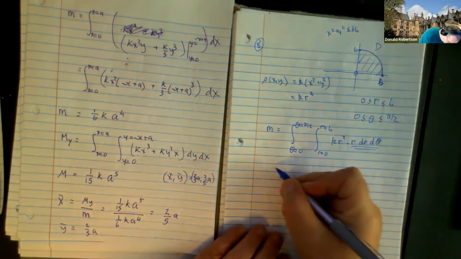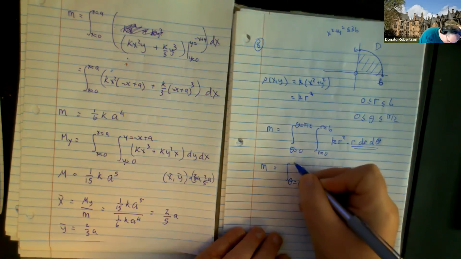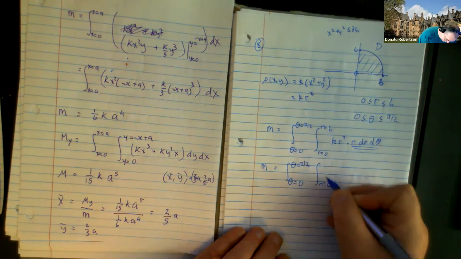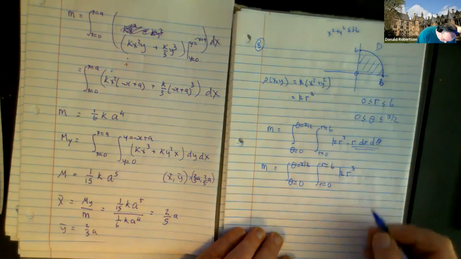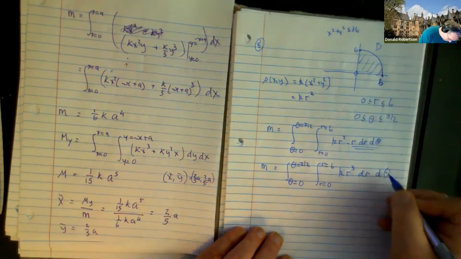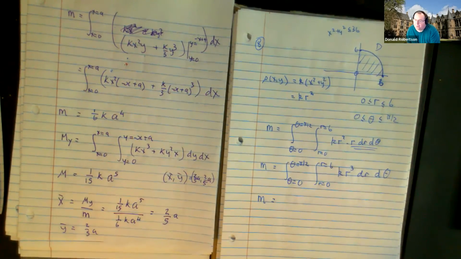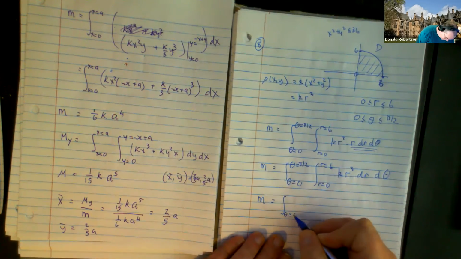So this is now going to be from 0 to pi upon 2, from 0 to 6 of k r cubed dr d theta. Is this one separable? Can I do a separation on this one? Yes. And just because I want to, I'm going to separate it this way.